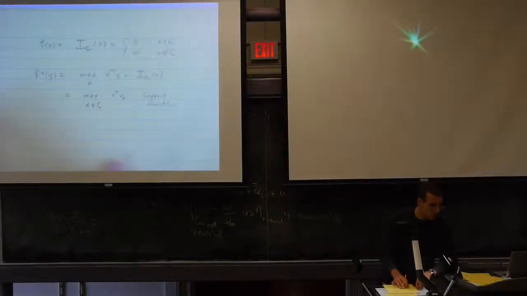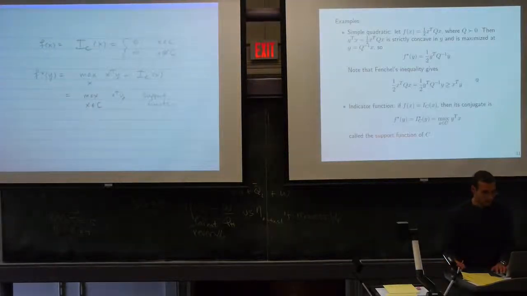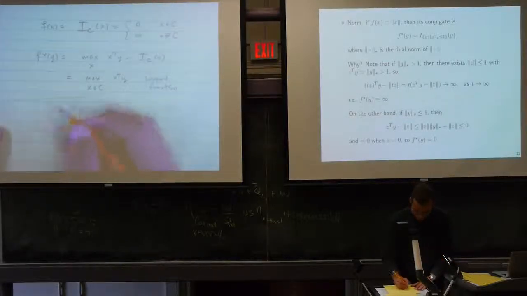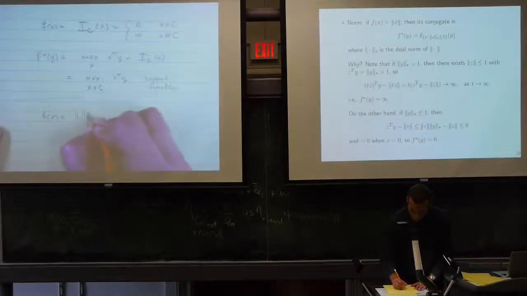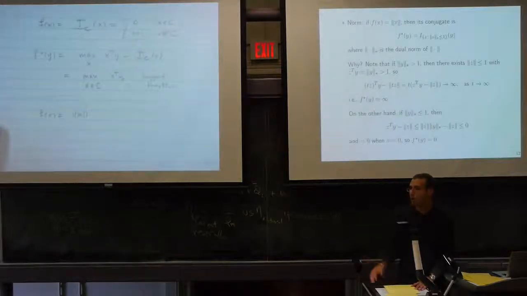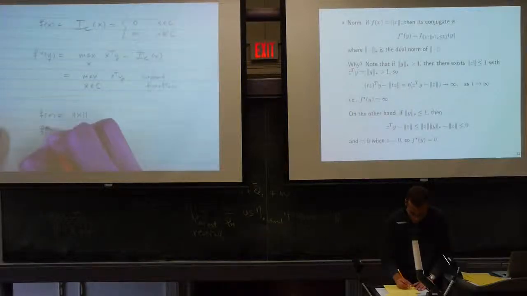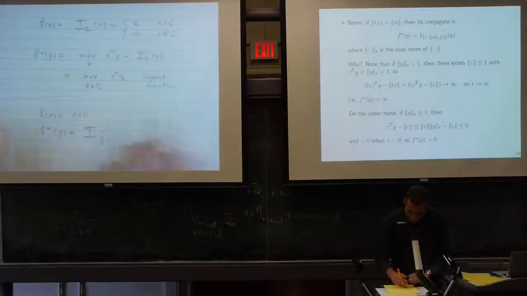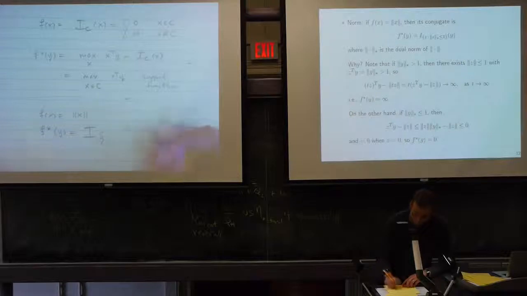Okay. I'll come back in just a second. Here's our last example of conjugates. If f of x is a norm, right, LP, nuclear norm, whatever, then its conjugate function as a function of y is the indicator that y is in the ball with dual norm less than or equal to 1.